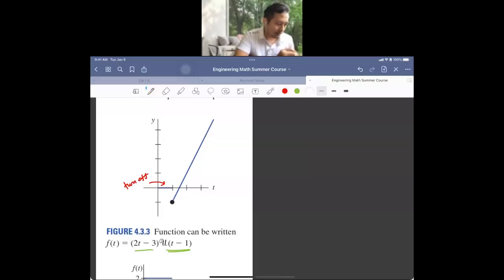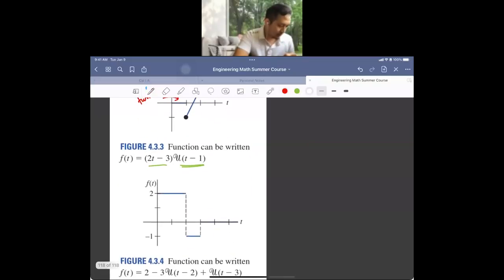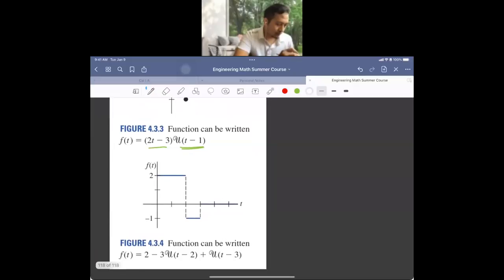And then consider this last part. Consider the interval from 0 to 2, then from 2 to 3, and from 3 onwards.